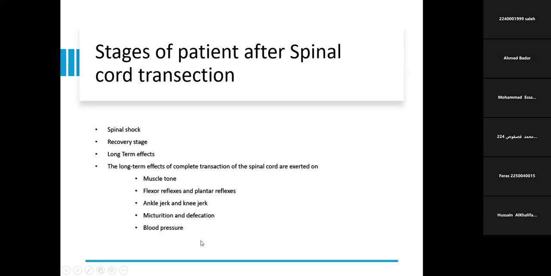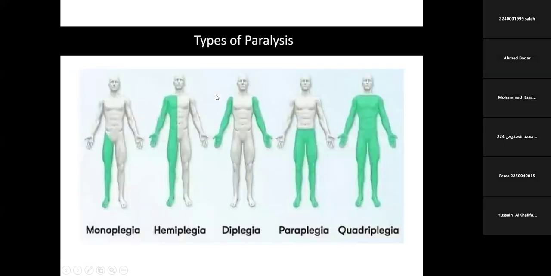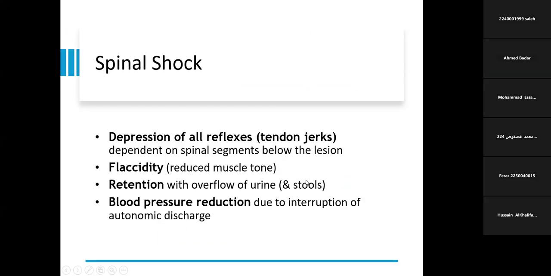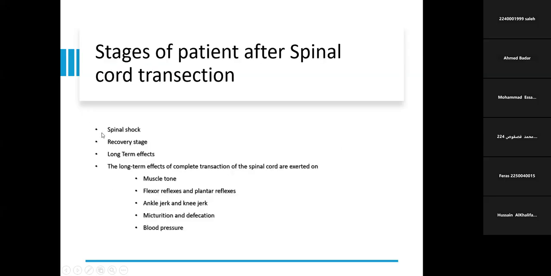Now we come to a serious topic. What happens when a spinal cord is transected? If you cut the spinal cord like this one, immediately what will happen? The first thing to happen is called spinal shock. What is spinal shock? We discuss it in a minute, but all the functions of the body are lost and a person is in extreme distress. Then there is a recovery stage.